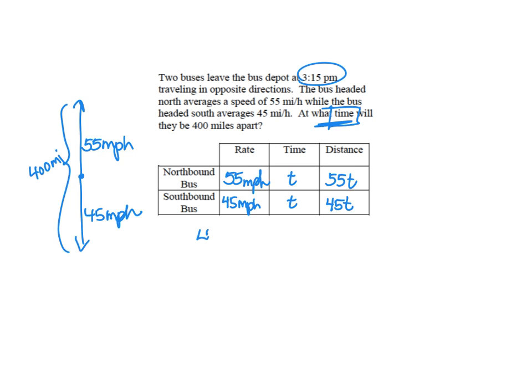So that would be 45t plus 55t is equal to 400. So now we'll combine like terms. 45 plus 55 is 100. So 100t equals 400, and then divide both sides by 100. So t equals 4. Remember I said, what time will they be 400 miles apart?